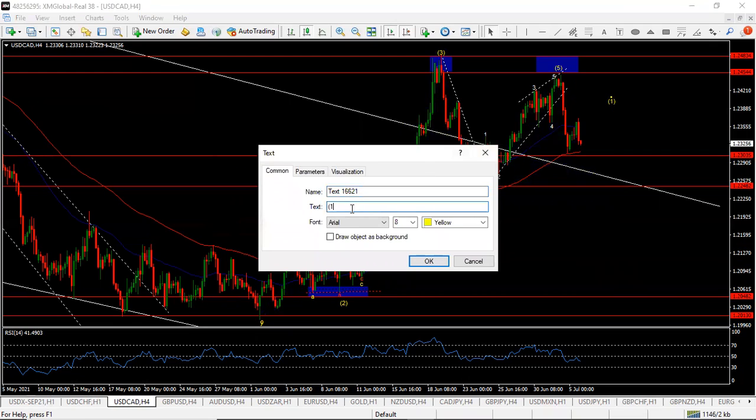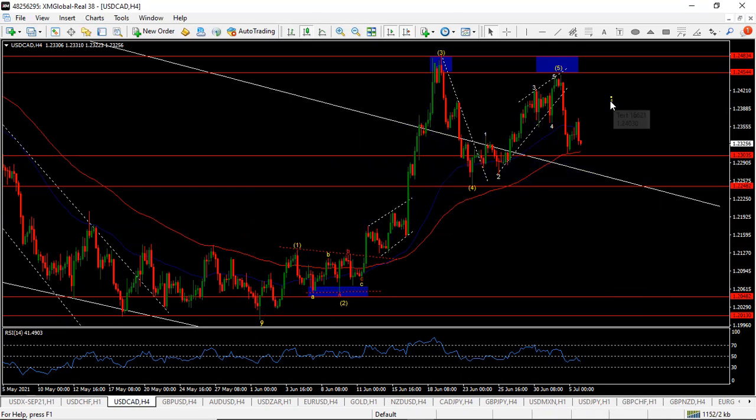So now we finished that 5. This is our potential 1. Now I'm just naming it 1, but for the time being, the best way is to say this is either 4 or A, because this can be leg A for wave 4, right? And this can be leg B, remember, and they need to come here to be leg C. So don't forget that your first target is this area.